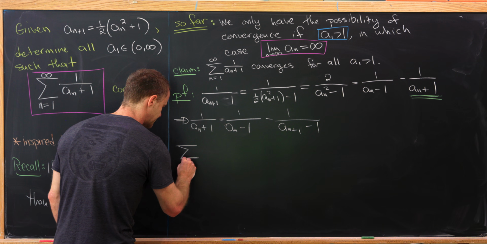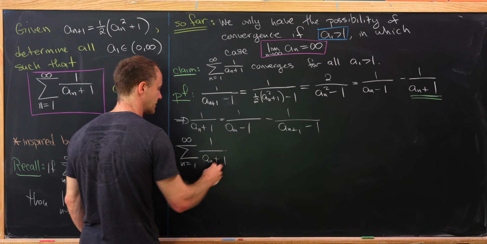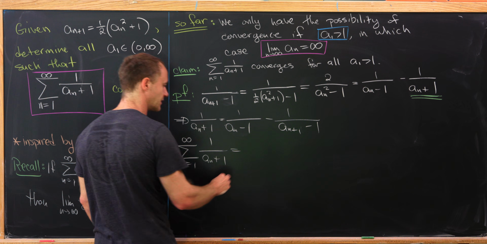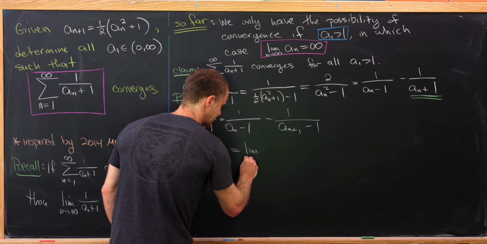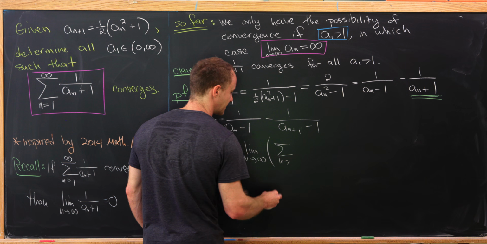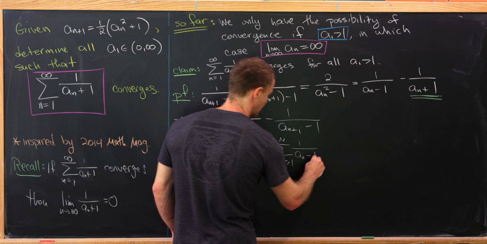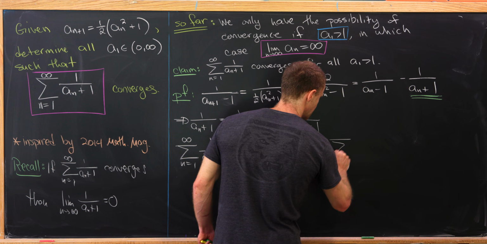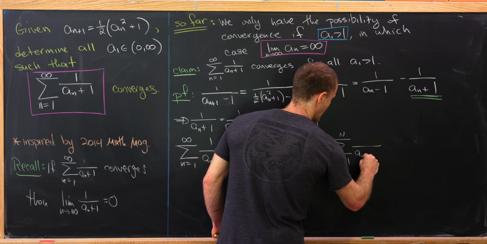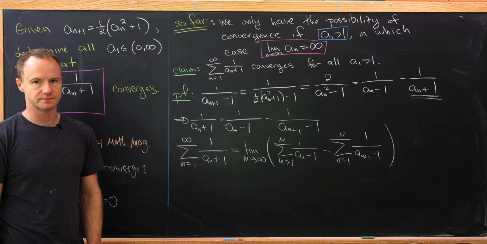So now our goal sum, the sum as n goes from 1 to infinity of 1 over a_n plus 1, via this and writing it as a limit of partial sums, can be rewritten as the limit as capital N goes to infinity of the sum as n goes from 1 to capital N of 1 over a_n minus 1, minus the sum as little n goes from 1 to capital N of, well, kind of the same thing, but now it's 1 over a_{n+1} minus 1.